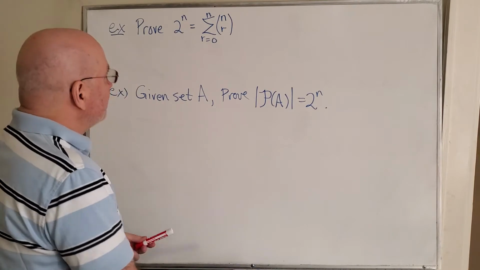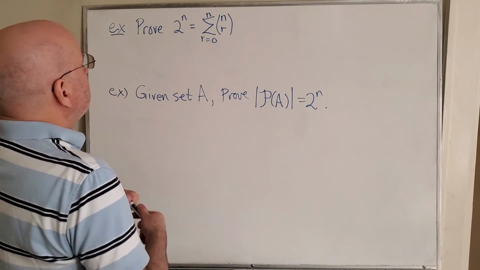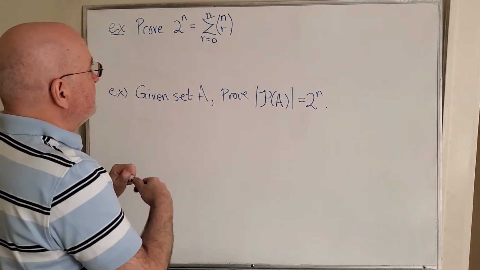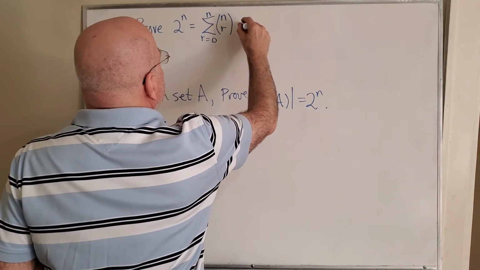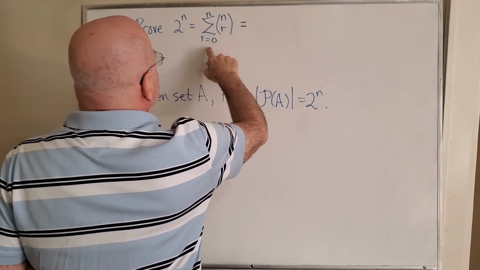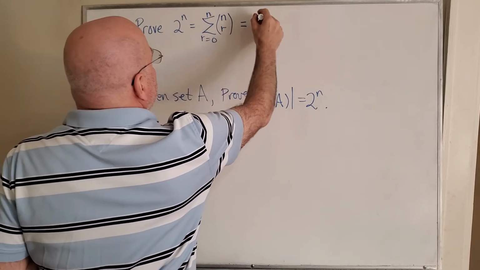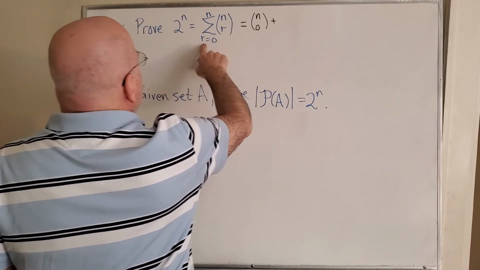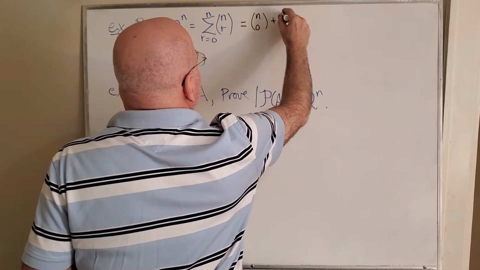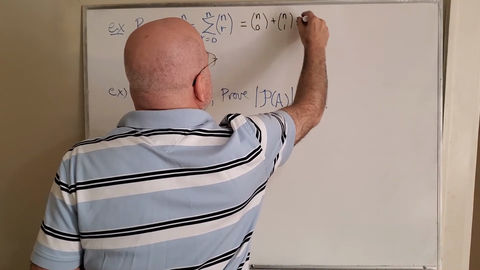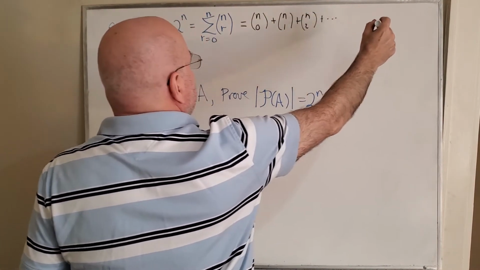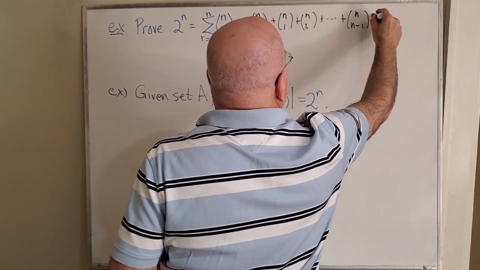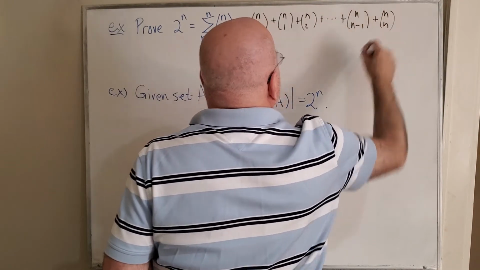So let's first write this out without using the sigma notation. What would this be equal to? We have to show 2 to the n is equal to, with r as a 0, we would get n choose 0, plus, when r is a 1, we would get n choose 1, plus n choose 2, plus, all the way to the end, n choose n minus 1, plus n choose n.